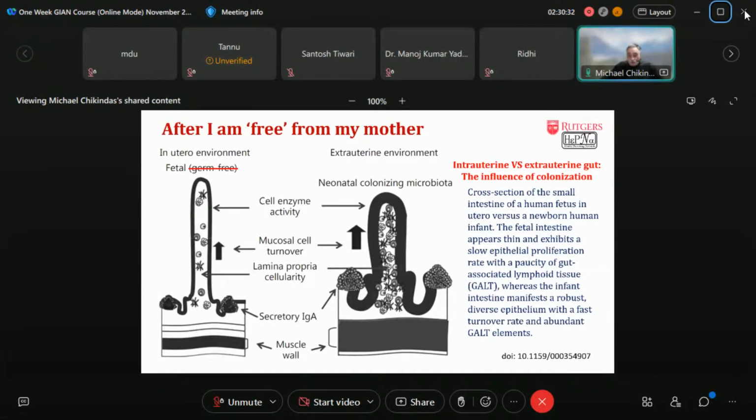When we look at the infant intestine, we have a robust, diverse, thick epithelium with a fast turnover rate and abundant cellular elements. So definitely the maturation is there. And why is that important? It is important because this is where the microorganisms will reside.